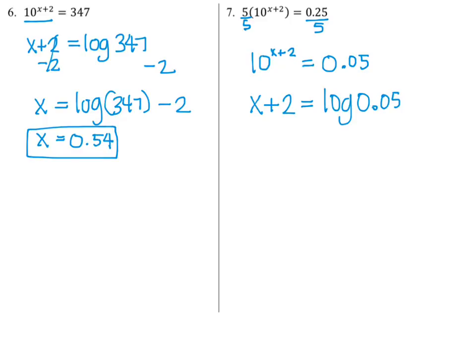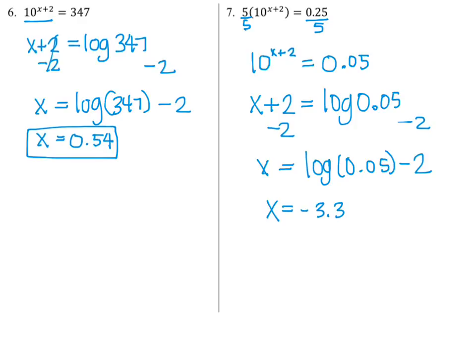And then solve for x. Subtract 2 from both sides, leaves me with x equals log of 0.05 minus 2. And then I plug that into my calculator, and I get negative 3.301.